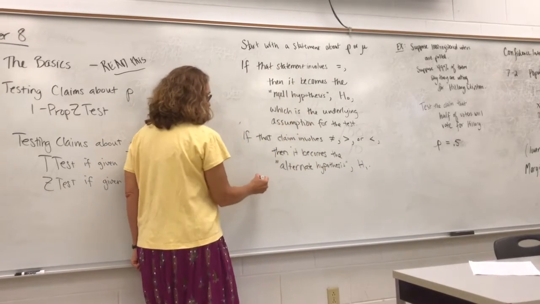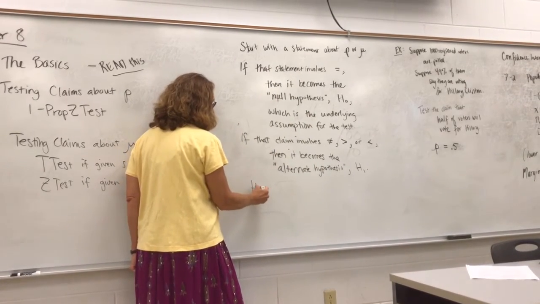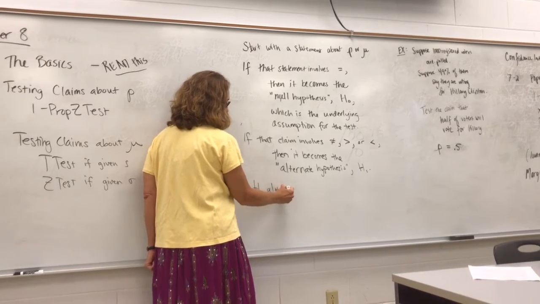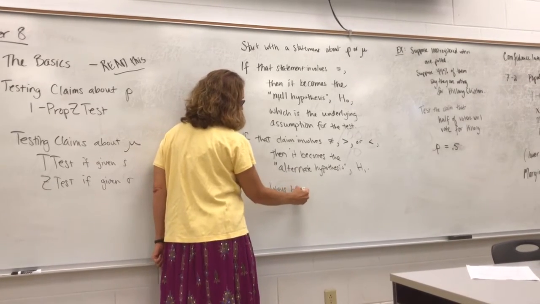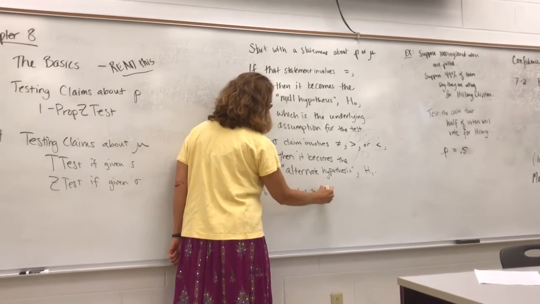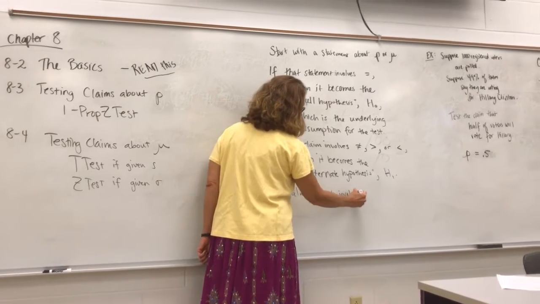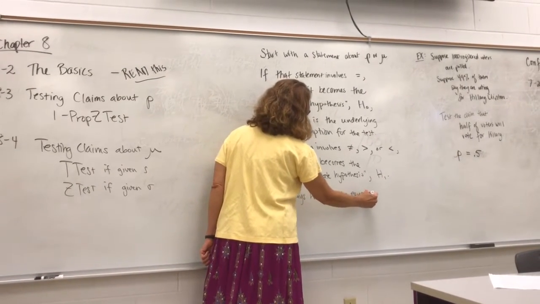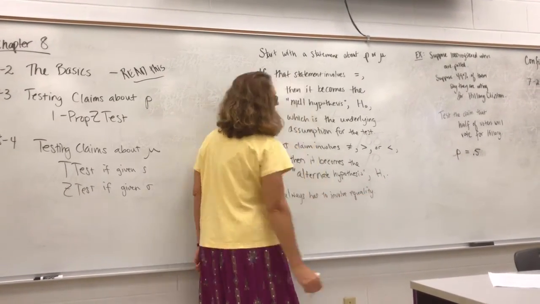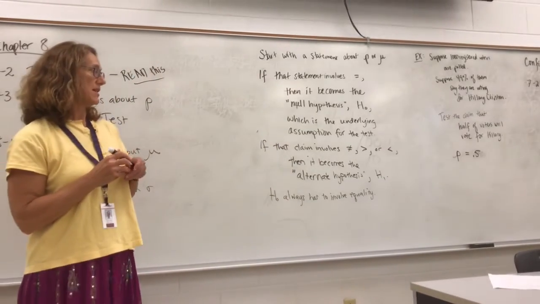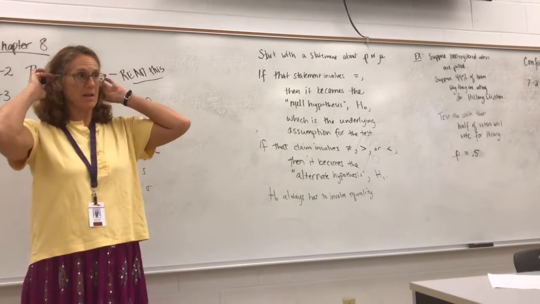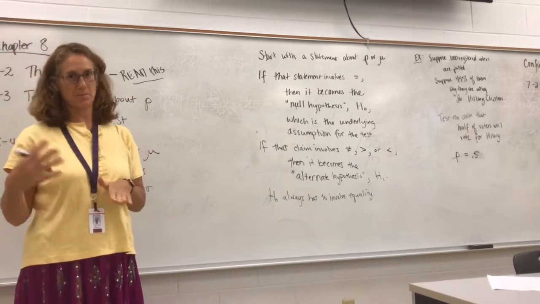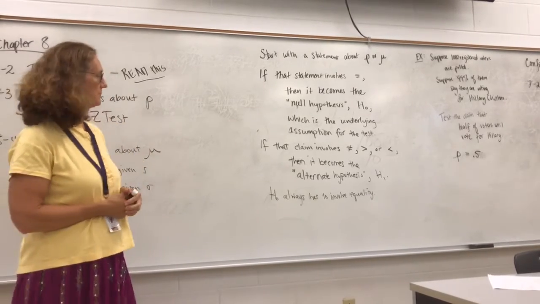The null hypothesis always has to involve equality. So if I had left it the way I started as more than half, that would have had to be the alternate hypothesis.